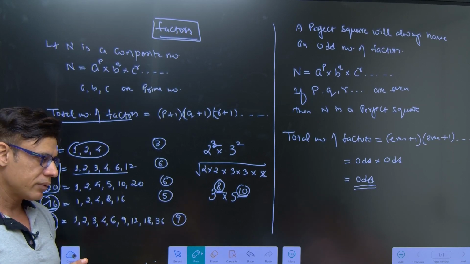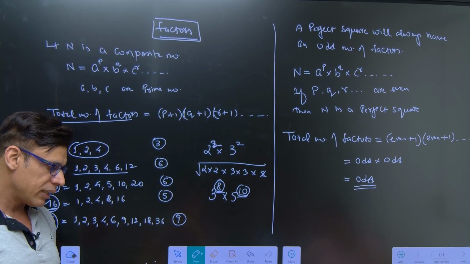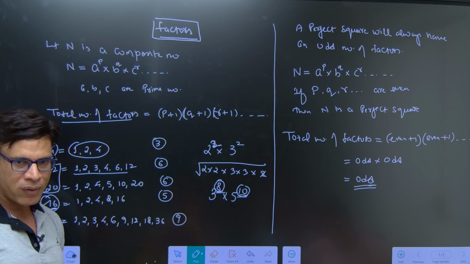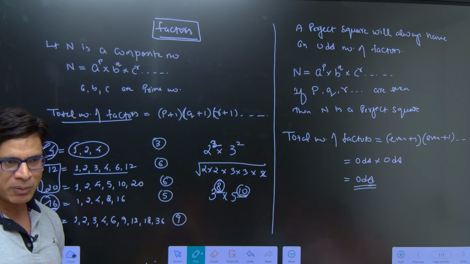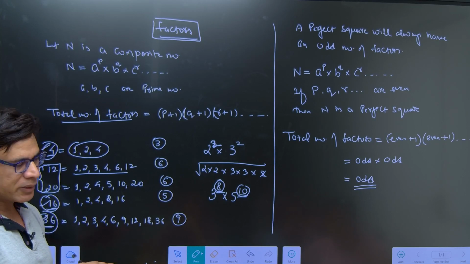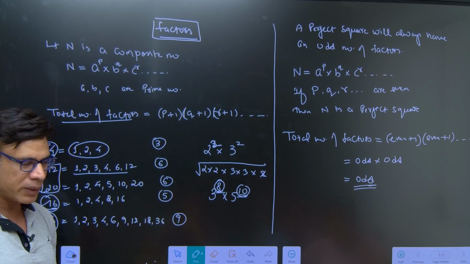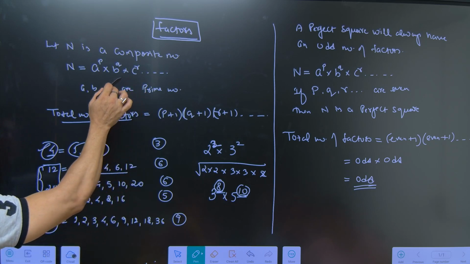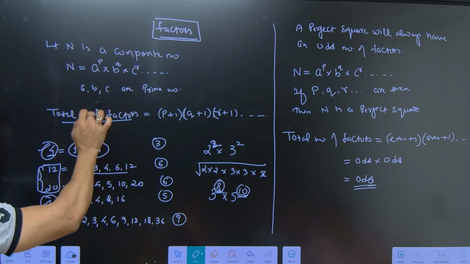If I say 8 and 27 are coprime because 27 is simply made up of 3 and 8 is made up of only 2, right? So coprime is clear. Okay. Next, this part is clear to all of you? The total number of factors formula is clear.